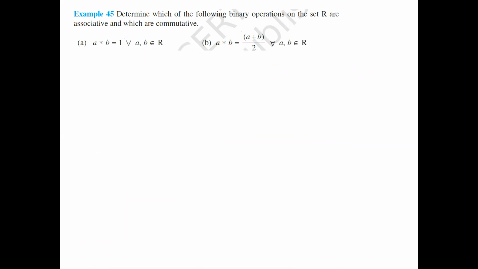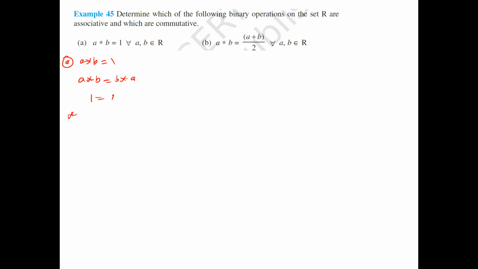To verify commutative and associative, first one: A star B equals 1, they given. Now A star B equals B star A. It is a real number everywhere. What is the A star B value? 1. In case B star A, the value is also 1 only.